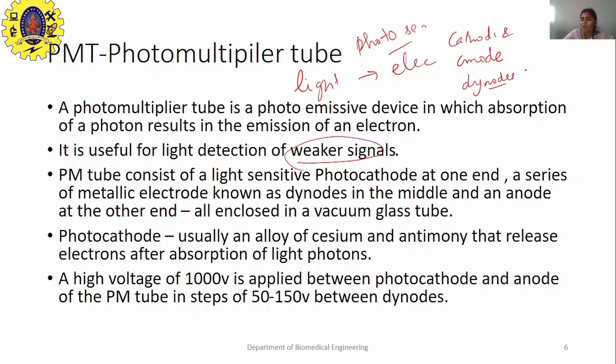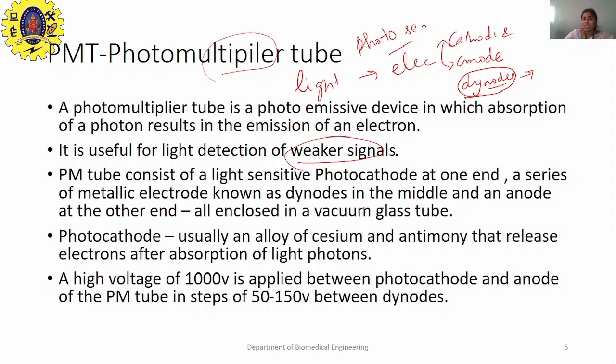Here you have n number of dynodes placed between the cathode and anode. The major role of the dynodes is the multiplication of electron emissions. The electron emission gets multiplied, so this tube is called the photomultiplier tube. The multiplication process happens because of the n number of dynodes placed between the cathode and the anode.